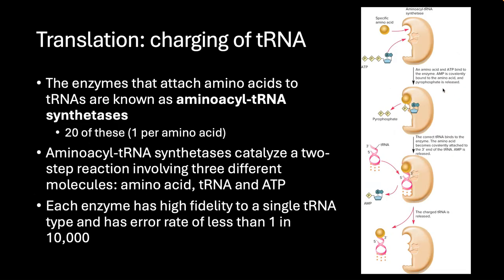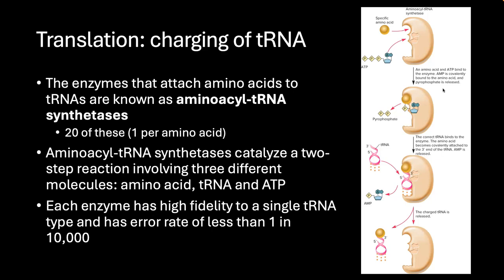tRNAs serve the important role of connecting the appropriate amino acid with the appropriate codon, but they don't come preloaded with the correct amino acid. That important job falls to an enzyme called amino acyl tRNA synthetase, of which there are 20.